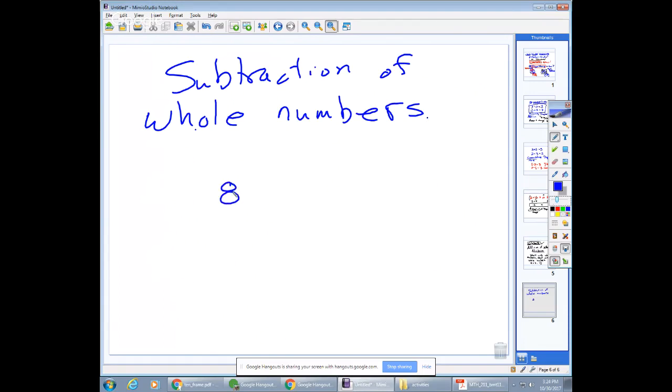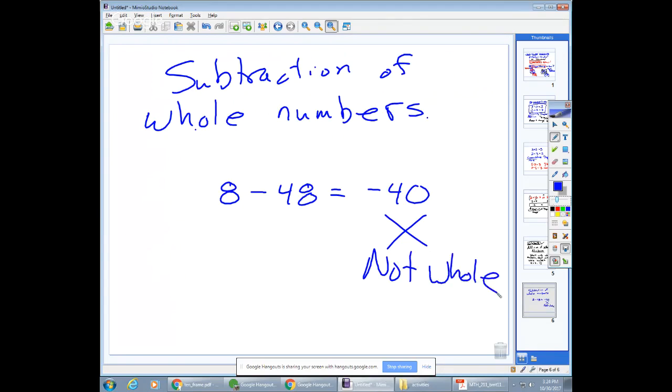Mine today is 48, because I just turned 48. So what happens if I take 48 and subtract 8? What do I get? Is negative 40 a whole number? Nope, not a whole number. So is subtraction closed? Nope, because I can get numbers that aren't in the set I started with. So subtraction is not closed for whole numbers.